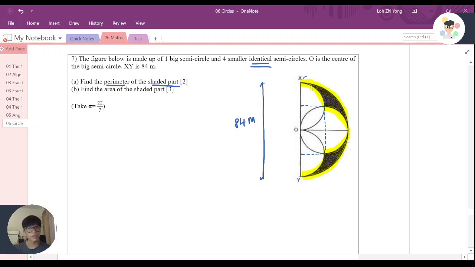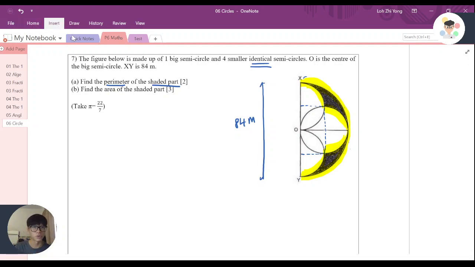Why? You can try it yourself, you figure it out yourself, it's the same. So if I know this, I can say that the length here, 1, 2, 3, 4, plus the whole outer part, actually forms the big circumference of the big circle.